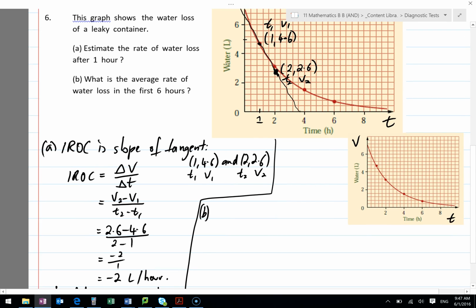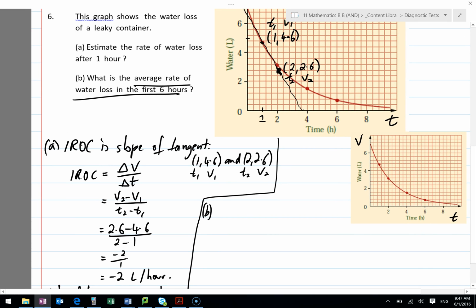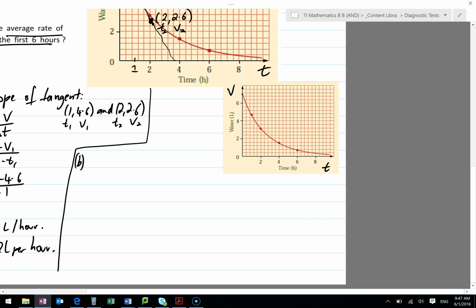For part B, what's the average rate of water loss for the first 6 hours? From this starting point to this point here, I want to find the average rate of change. So the average rate of change is just going to be the slope of this secant between these 2 points. So I'll call this 0 and, the scale's pretty bad, 0 and 6 point something.